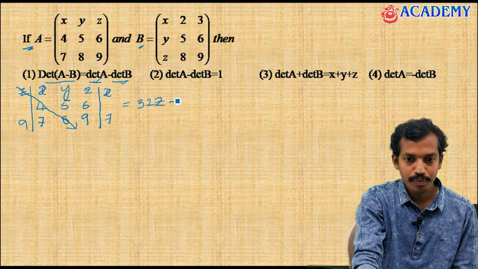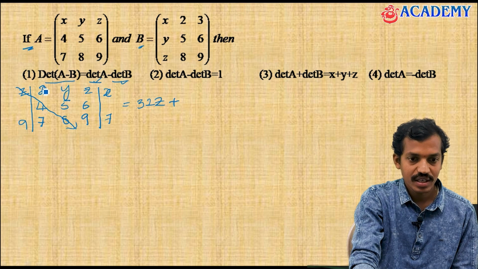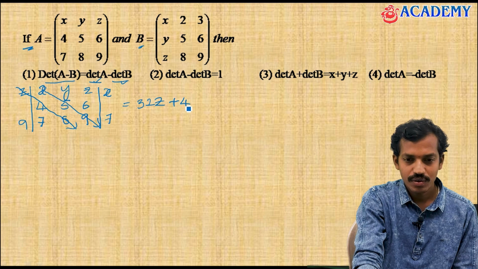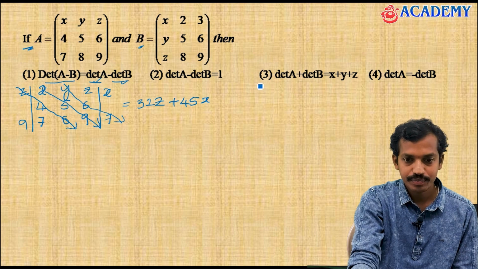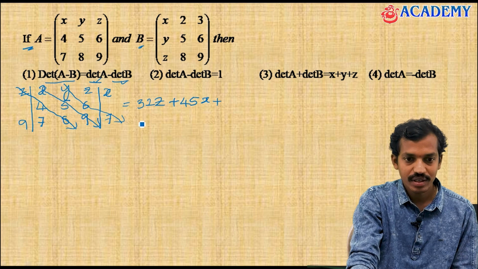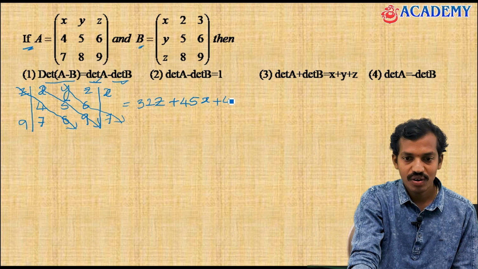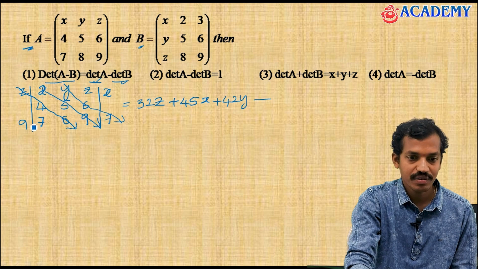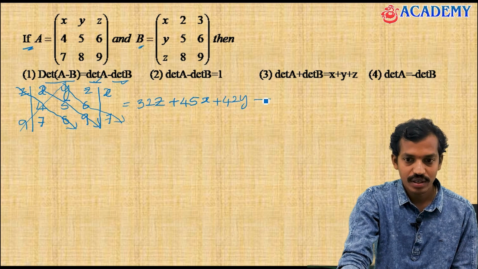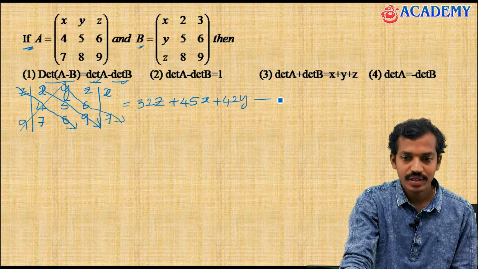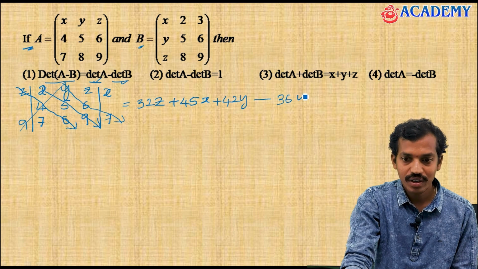That is 32z. Plus the next term, x into 5 into 9, is 45x. Next, y into 6 into 7 is 42y. Next we have to take minus: 9 into 4 into y is minus 36y.